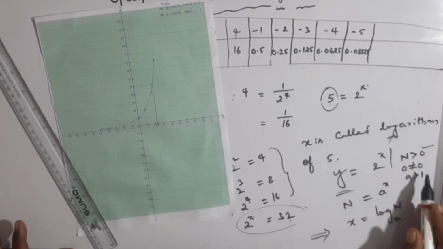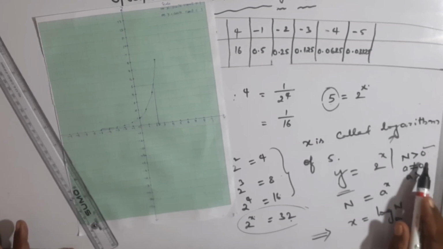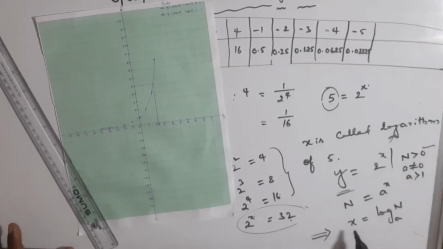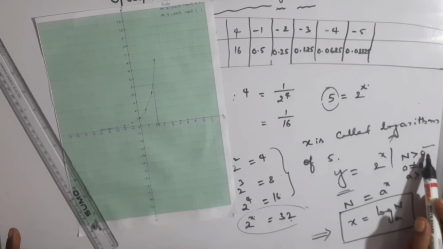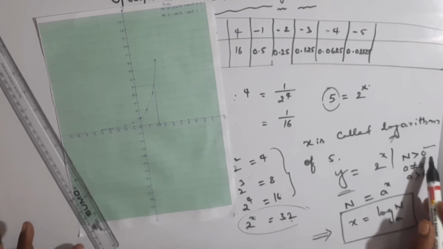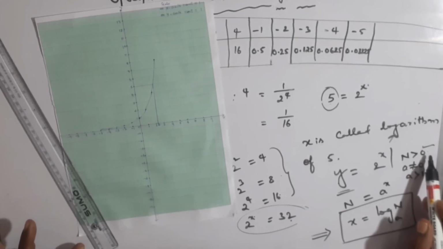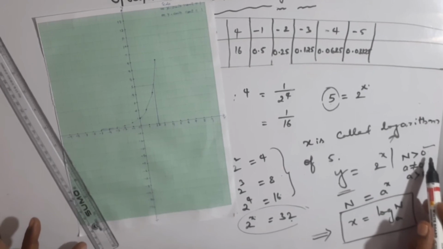Also it should not become 0. So it is called logarithm. While defining logarithm, why is n always greater than 0? Because the graph is neither intersecting the x-axis nor touching it.